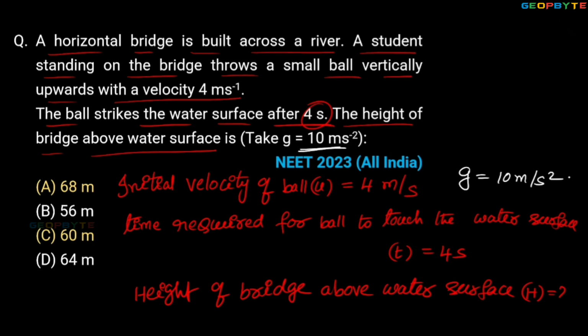Okay. For that, as you know, horizontal displacement of the body or horizontal distance covered by the body is s equal to ut plus half at square. This is for horizontal motion.